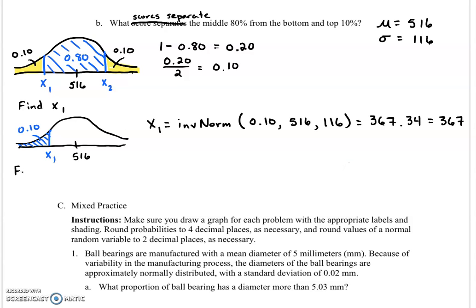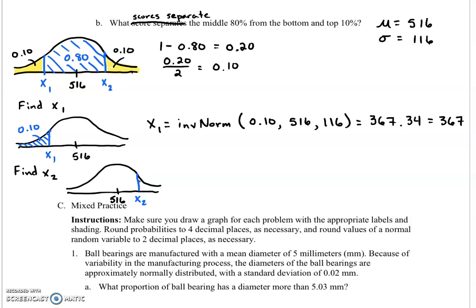Now, to find x2, we have another picture with 516 in the middle. And x2 is to the right of the mean.